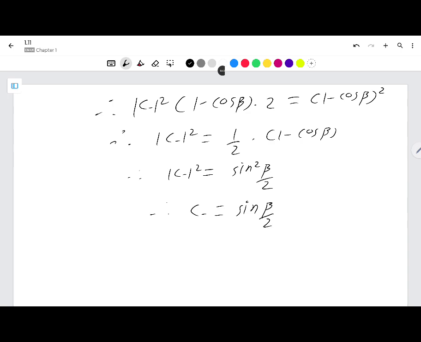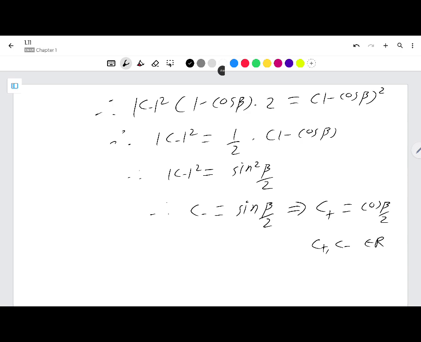And from this we get plus or minus cos beta by 2. We are just assuming C plus and C minus are real.